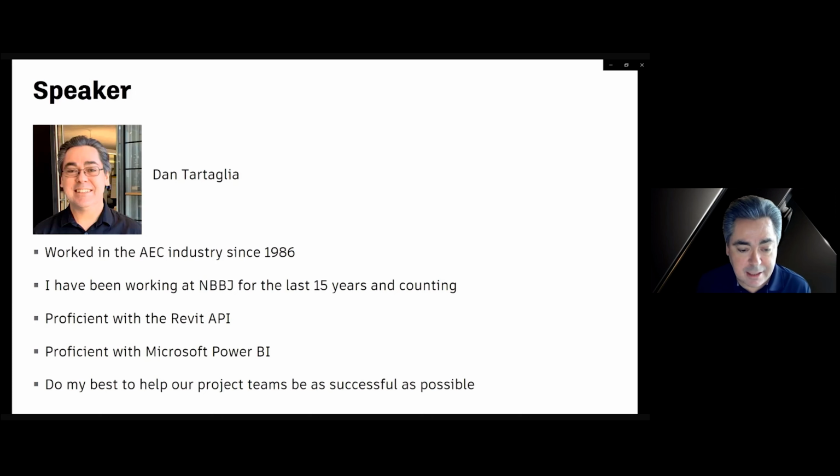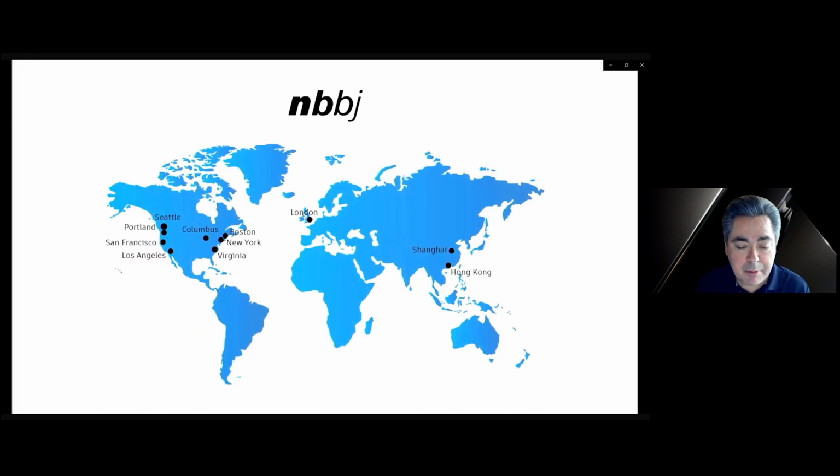So if it's to create a Revit add-in, or if it's to do training, support, research new tools, do new processes, that's my job. MBBJ is an architectural design firm, and we have 11 offices around the world.